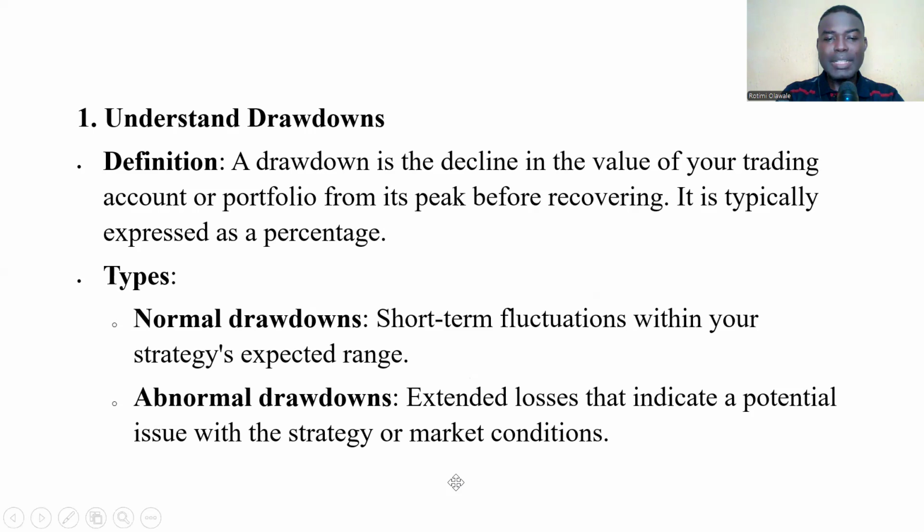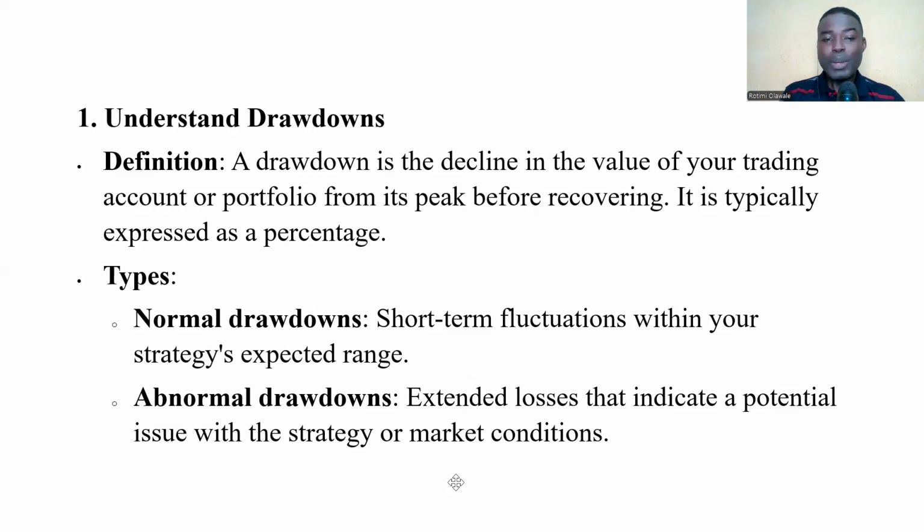Now, normal drawdown can be referred to as short-term fluctuations within your strategy's expected range. Now, when you open a trade, your trade is not expected to just go from entry straight to its profit. No, it doesn't happen like that. The reason is because price always fluctuates in the forex market. In a bullish trend, price makes a series of higher highs and higher lows and so on.